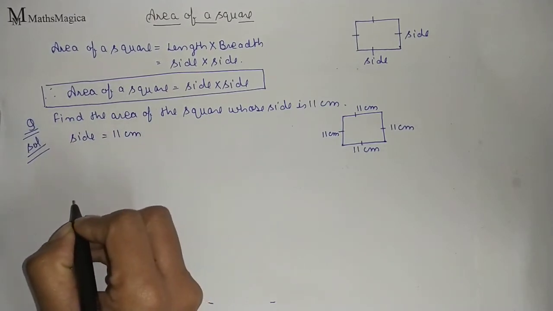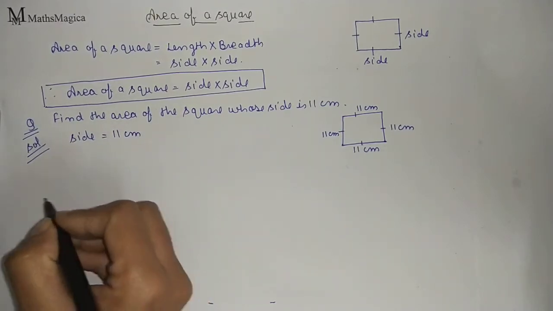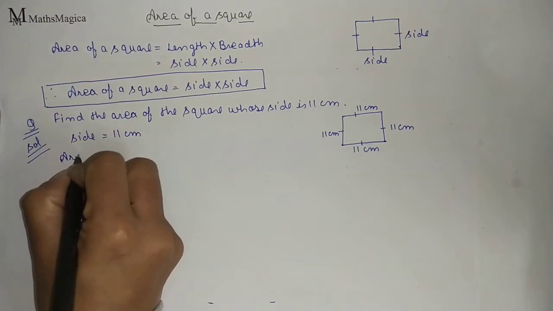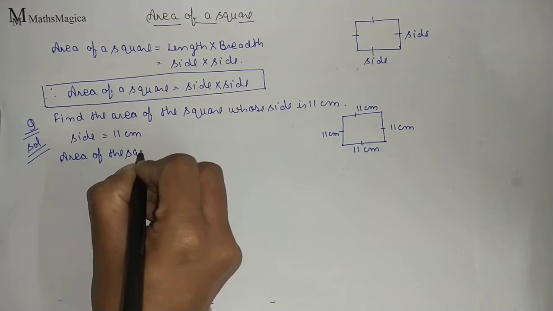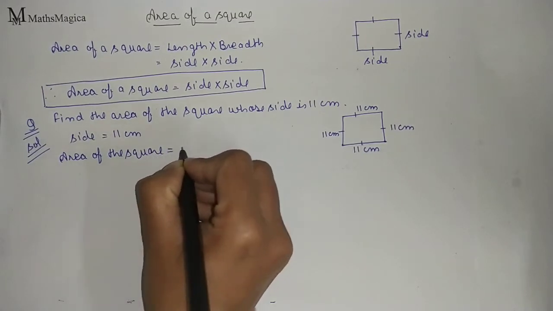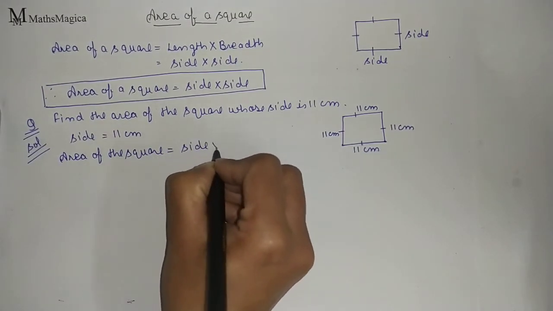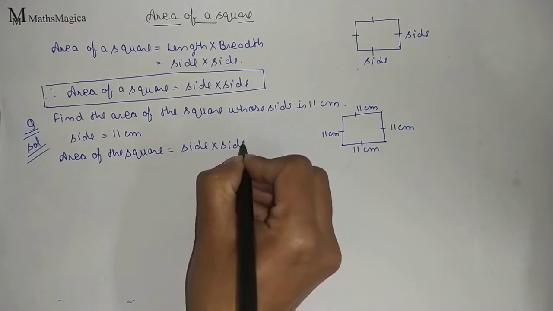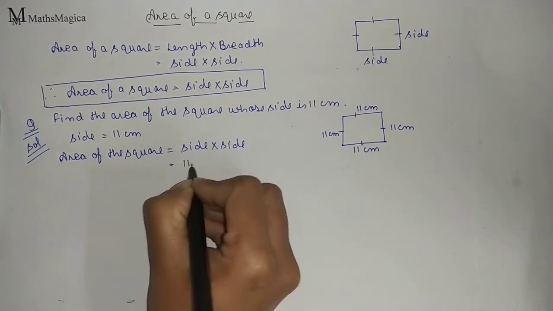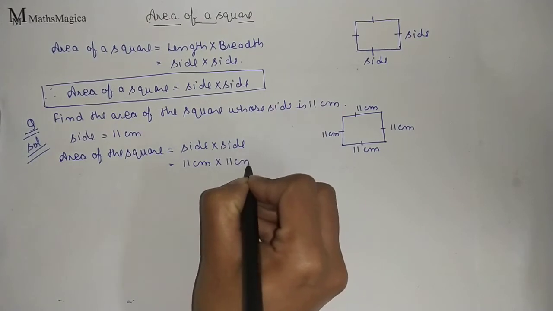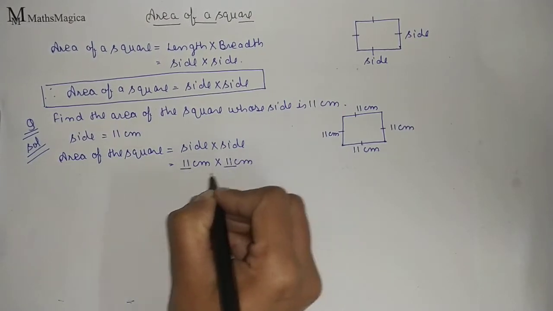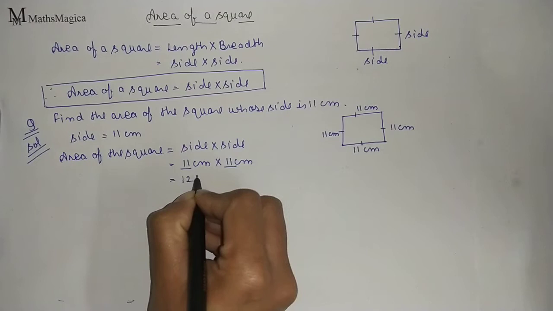Apply the formula of area of the square is equal to side multiply side. Put the value. Side is equal to 11 centimeter. Multiply with 11 centimeter. 11 multiplied by 11 is 121.